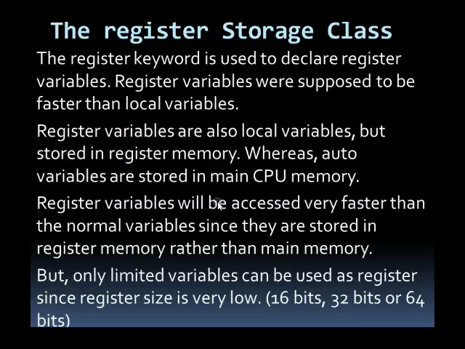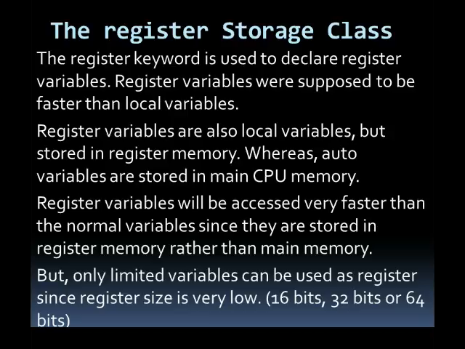Here's a brief note on the register storage class. The register keyword is used to declare a register variable. Register variables were supposed to be faster than local variables. Register variables are also local variables, but they are stored in register memory, whereas auto variables are stored in the CPU's main memory.